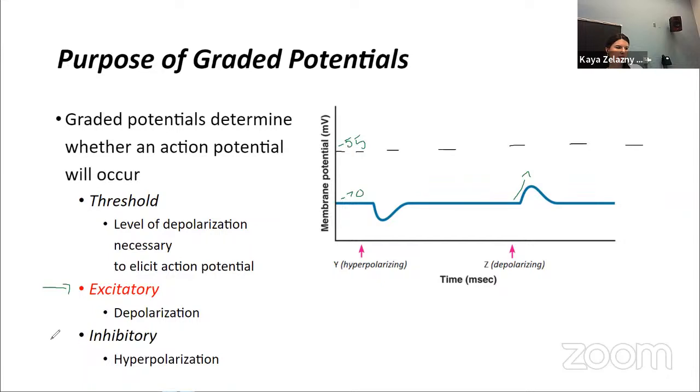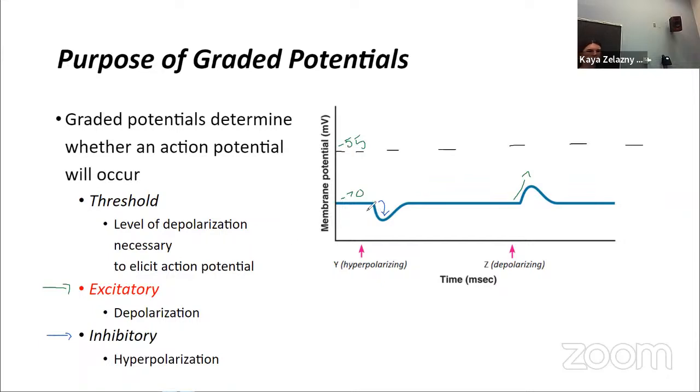So the opposite one, inhibitory potentials, are just potentials that are making it less likely that we're going to send off an action potential. So those are just the opposite, right? Inhibitory potentials move us farther away from our threshold, which means our cell is ending up with a more negative membrane potential.